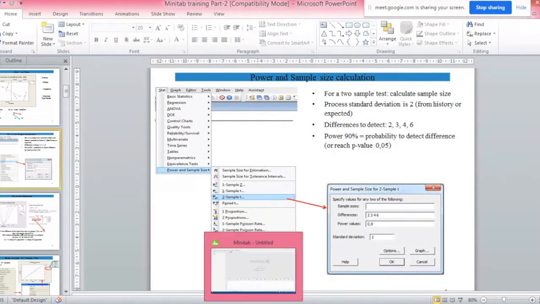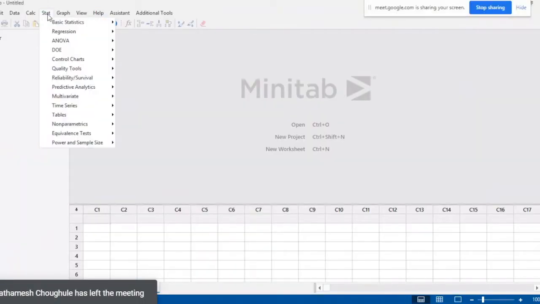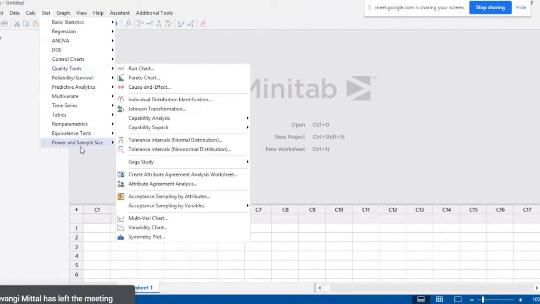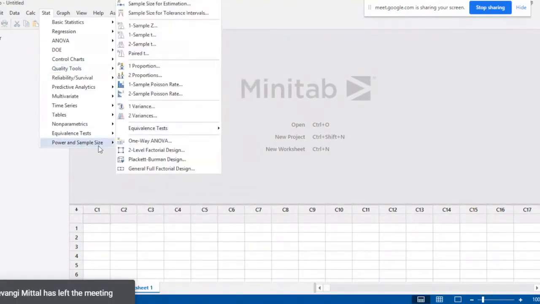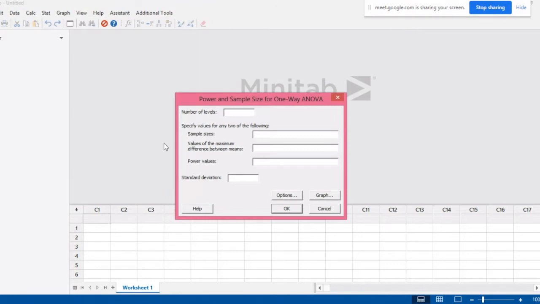Can you please open your Stat, then power and sample size, and if you go to one-sample t-test or one-way ANOVA, here we can generate the power and sample size. What should be the sample size?